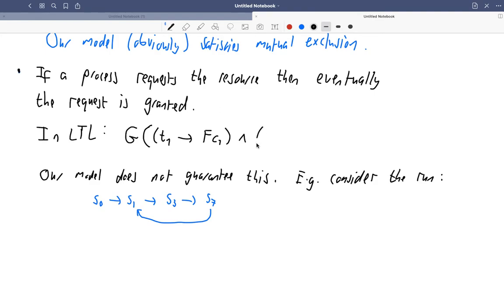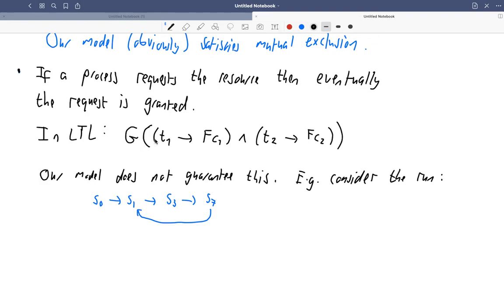And in the same way, if process 2 puts in a request, then globally, eventually at some point in the future, process 2 should become critical. So this is the property we want to satisfy.